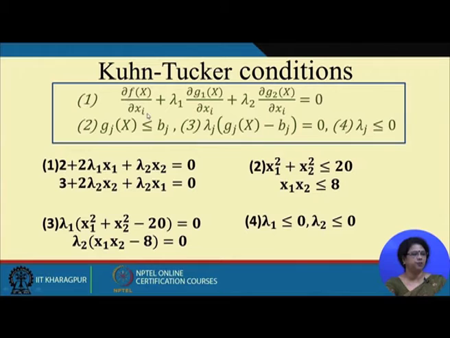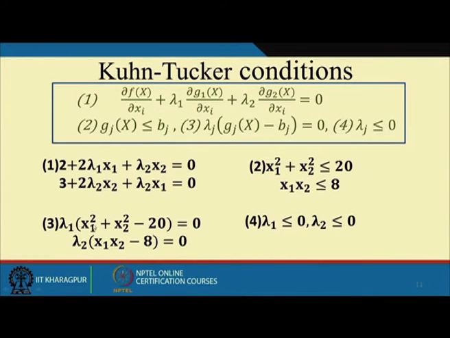Similarly, here also let us formulate for x1 and x2, let us get 4 equations and 4 unknowns from here, alright. And again for different conditions on lambda 1 and lambda 2, let us try to solve the problem, okay. You just formulate for different values of lambda.